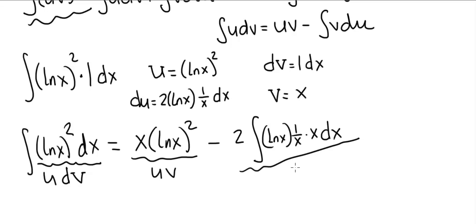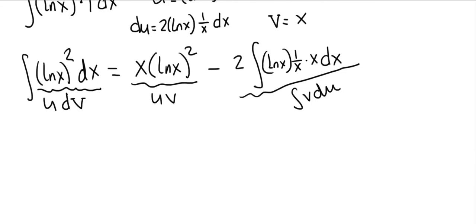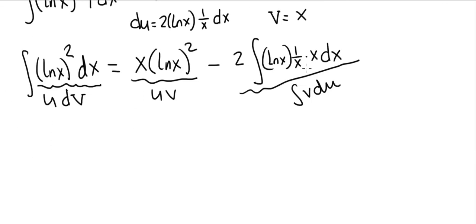This part over here is the integral of v du. And you can see, after we simplify it, that it is in fact easier than the integral that we started with. So this is equal to x times ln of x quantity squared minus 2 times, 1 over x times x is just 1, so it's 2 times the integral of natural log of x dx.